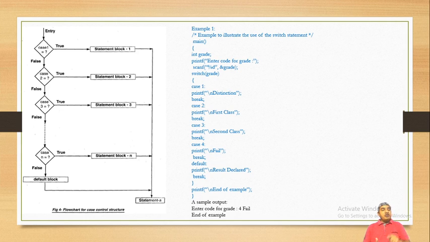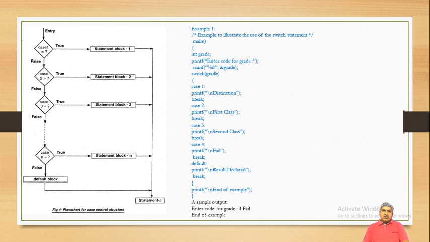If all the conditions are false, that is case 1, case 2, case 3, up to case n, all these cases are false, the default block is executed, and after execution of the default block, statement A is executed.